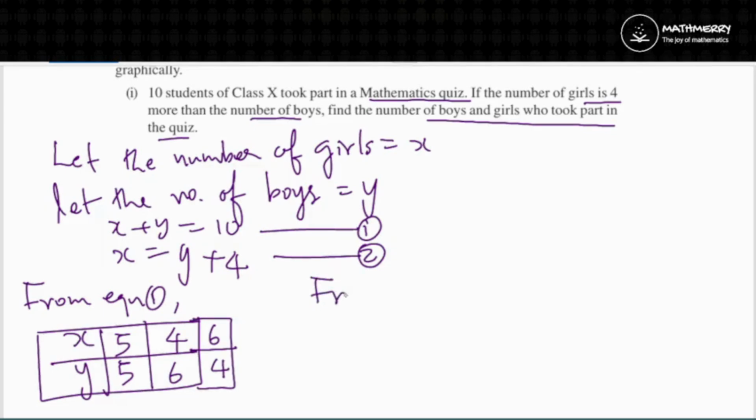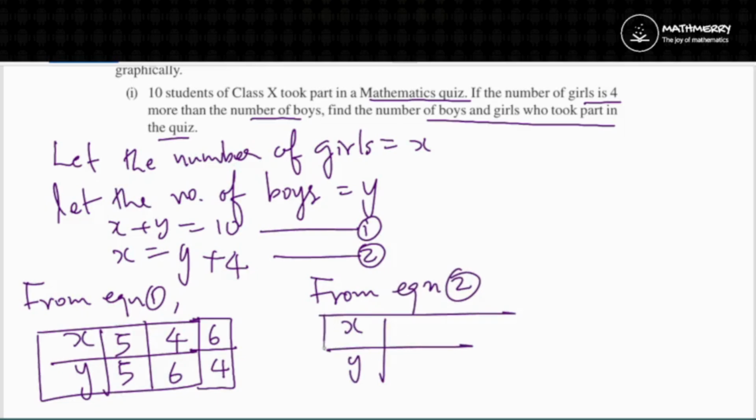Now from equation 2, when I take x as 5, what will be our y?